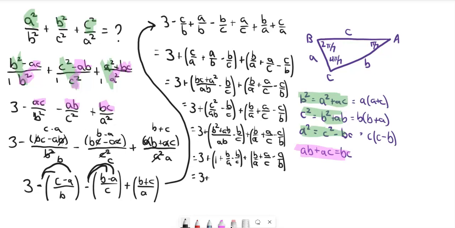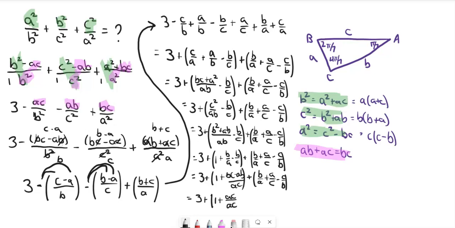Well, we're just going to keep that there for a second. When we cross multiply here, we get 1 plus bc minus ab over ac. And then we've got the second part here in parentheses that we will work out after I'm done with that first part. So what happens is we get bc minus ab, and of course from the identity in pink over here, that works down to be ac.